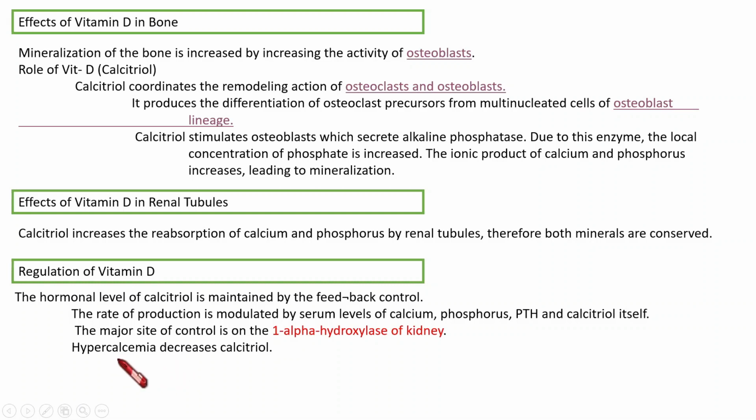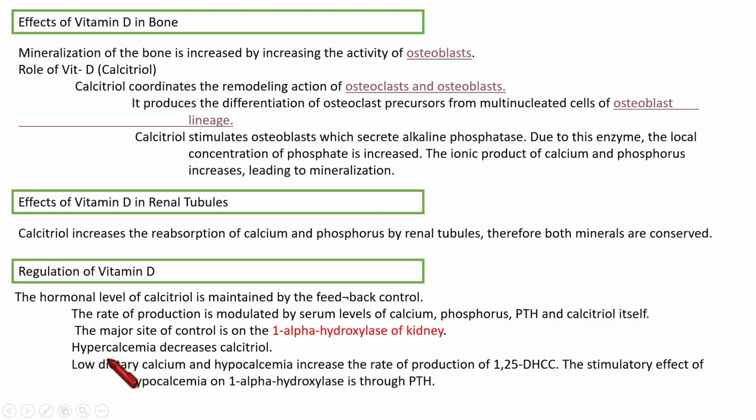As high calcium is present in the blood, there is no need of further reabsorption. That in turn means there is no need of synthesis of vitamin D for the purpose of reabsorbing calcium, because there is a high level of calcium. So hypercalcemia decreases calcitriol or vitamin D.